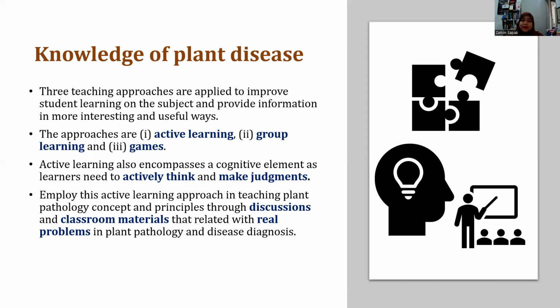And with the materials, sometimes with the real material brought to the class, and shown to the students, for example, the chili has the infection, so they need to think and discuss in the class to identify what is the disease, what is the plant, what the normal plant looks like, and what the appearance of the plant being infected by the pathogen is.